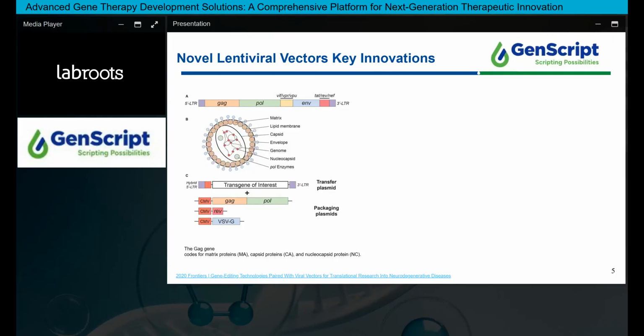Let's start from the fundamentals. The original lentiviral genome is a 10 kb single-strand RNA molecule packaged within a lipid shell about 100 nanometers in diameter.